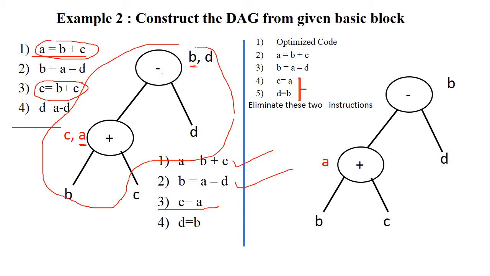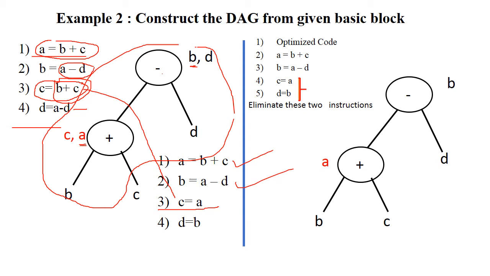This common subexpression is already calculated and its result is stored into the A. So why is it necessary to again go for calculation of this B plus C? This particular instruction is changed to this one. Okay, same thing happened for D is equal to A minus D. So A minus D is already calculated here.